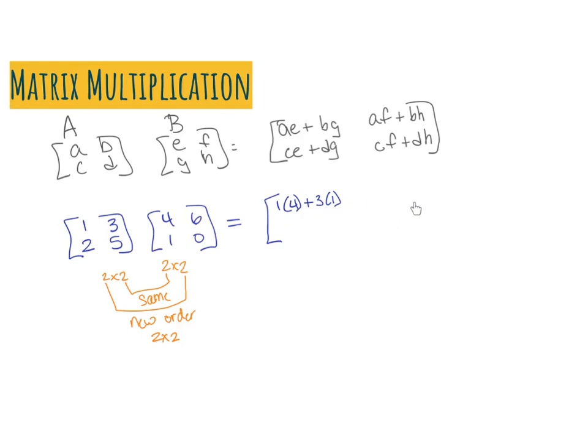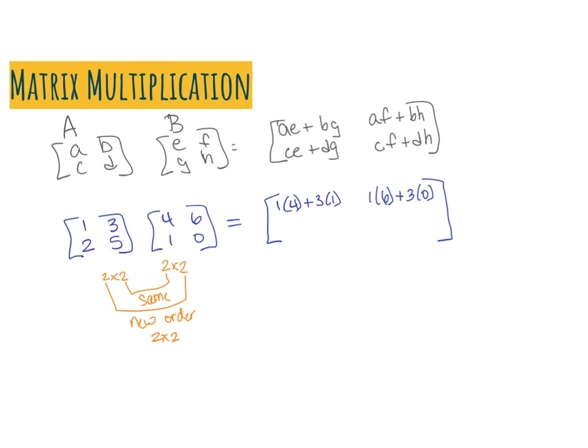So again, I'm going to multiply those corresponding elements. 1 and 6 are going to correspond with each other, and 3 and 0 are going to correspond with each other. So I'm going to have 1 times 6 plus 3 times 0. And that gives us our entry for our first row.